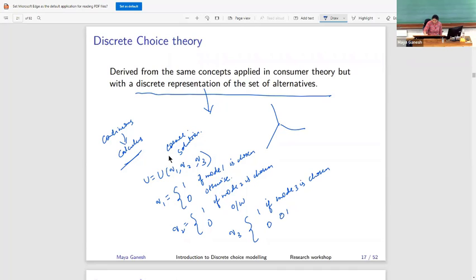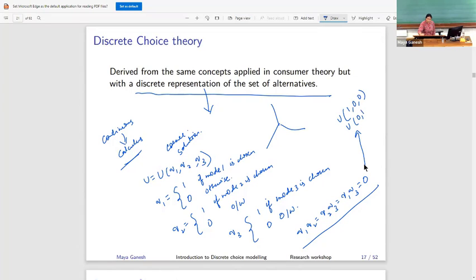And only one alternative is chosen, which means Q1Q2, Q2Q3, and Q1Q3 should be 0. Only one of them can be 1, and the other two options have to be 0. So in the language of the corner solutions that we saw, it would typically be either 1, 0, 0, or 0, 1, 0, or 0, 0, 1.